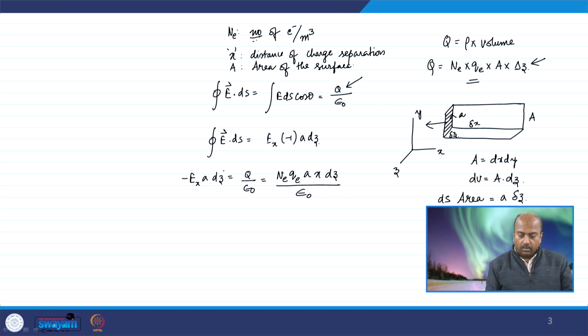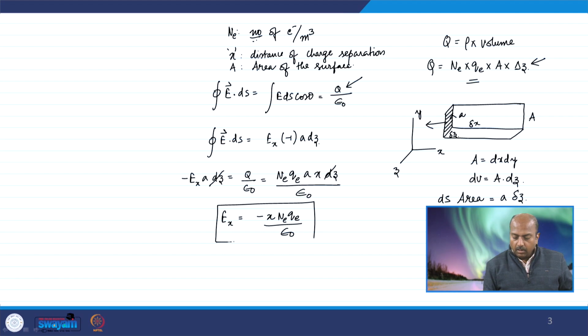Cancelling out dz, we can write Ex, the strength of the electric field, as minus x Ne QE, QE is the charge of electron, divided by epsilon naught. Now we have, using the Gauss's law, we have been able to get the strength of the electric field that is created in this simple thought experiment.